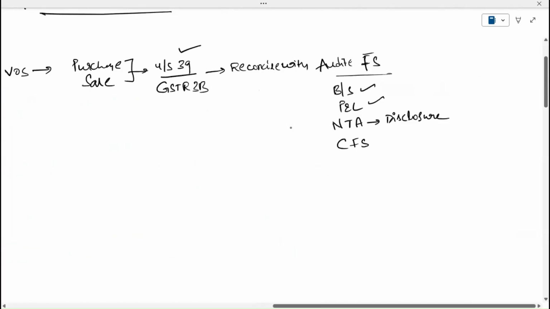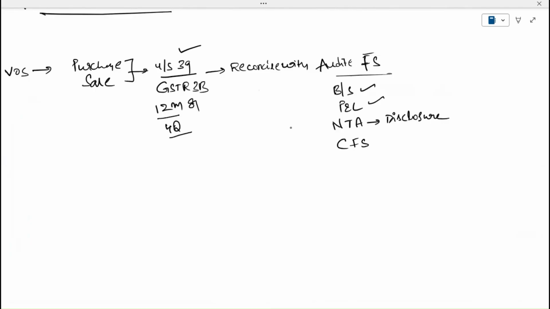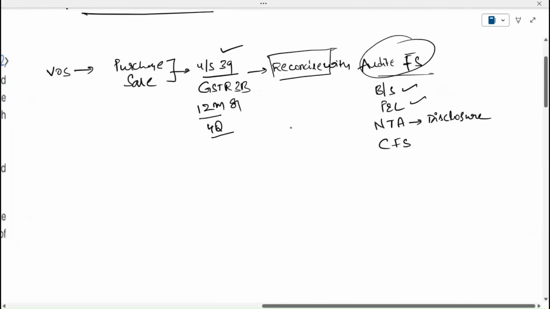So the GST officer is expecting that whatever you have done for 12 months or 4 quarters, if the assessee is filing a quarterly return, either quarterly return or monthly return, whatever you have done for 12 months, reconcile that particular transaction with your audited financial statements. For what? Both purchase and sale.